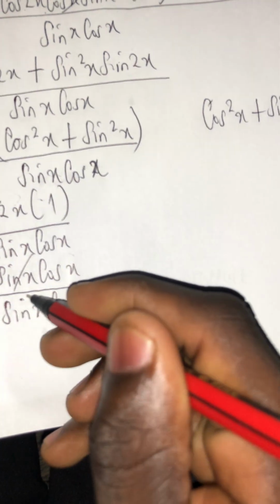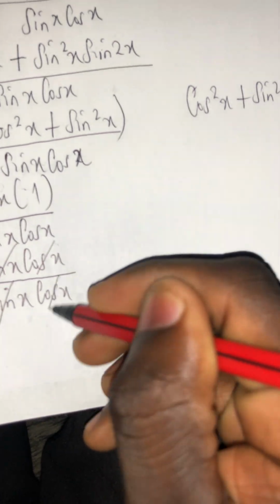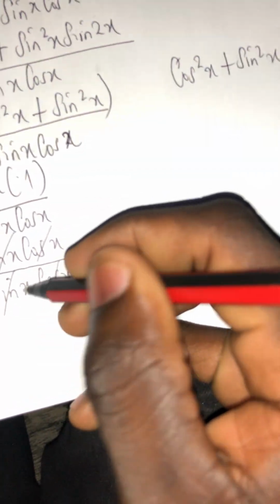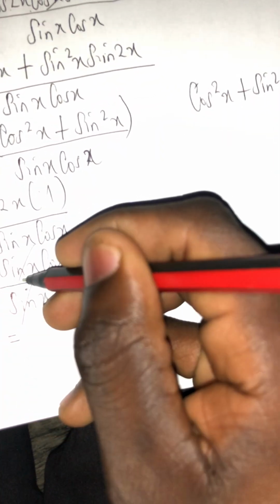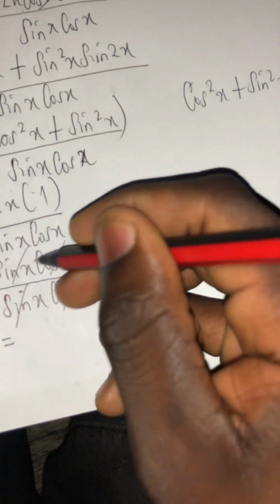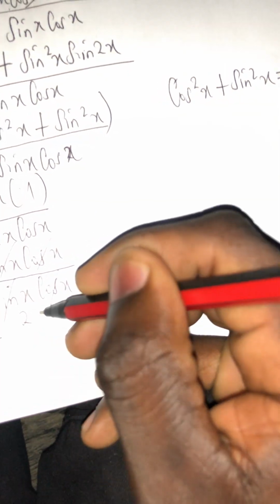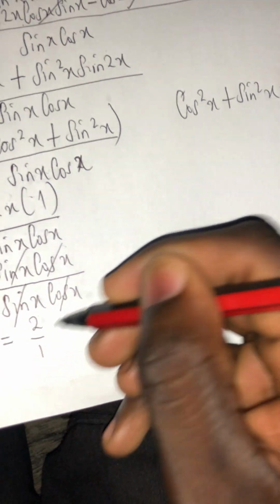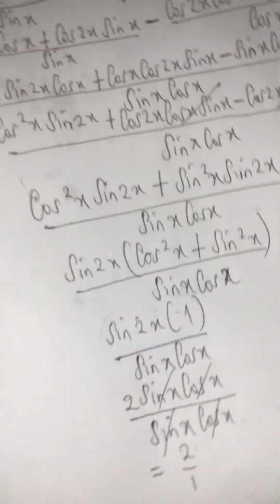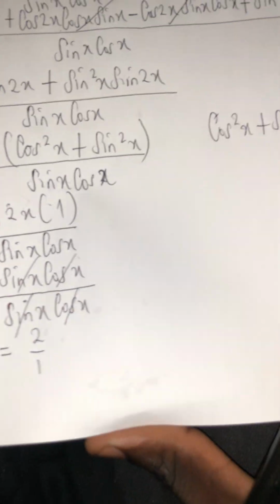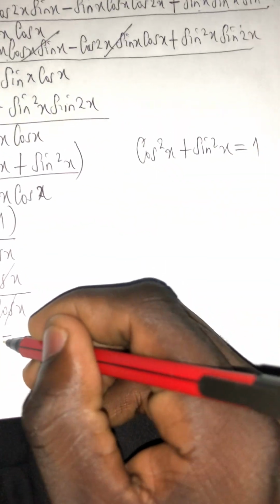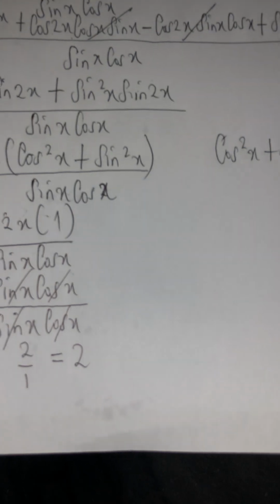So sine x can cancel, cos x can cancel. What I've remained with here is just 1. So what I have here is 2 multiplied by just 1. It is just 2 over 1. So this will give us just to be equal to 2. So 2 divided by 1 is just 2.